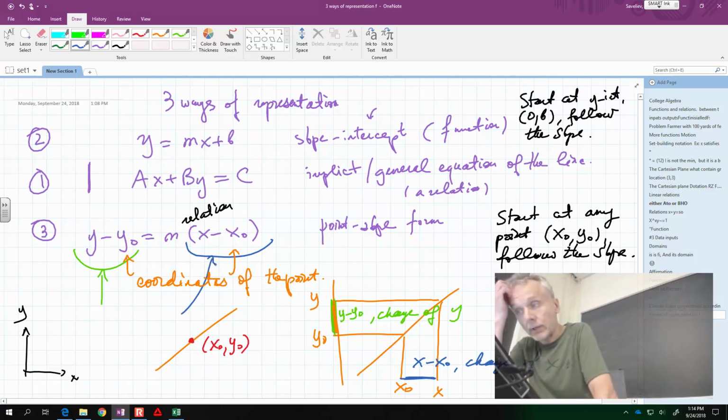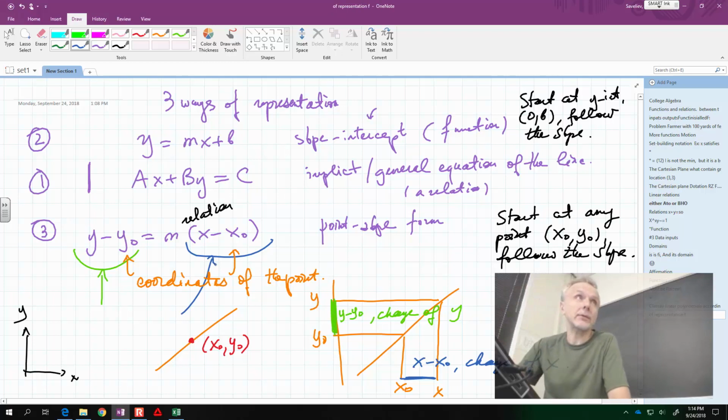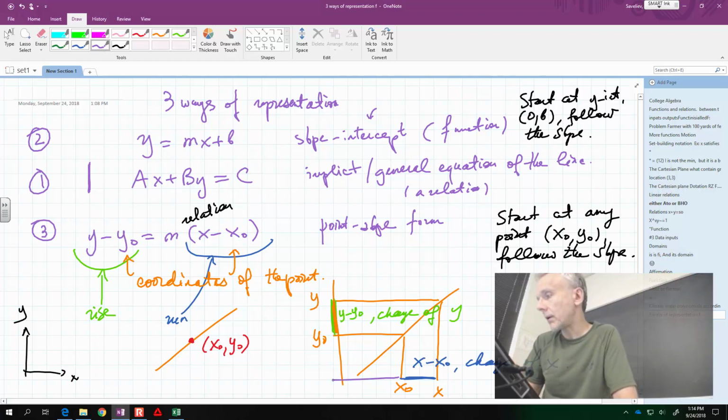I was hoping you'd remember the rise and run words. These are the rise and run. Look at the picture. So this is the run, and this is the rise. You can clearly see them on the graph here.